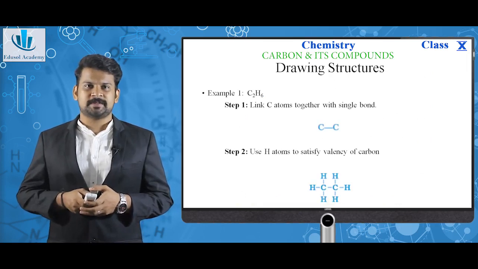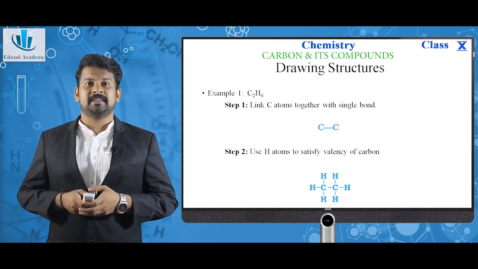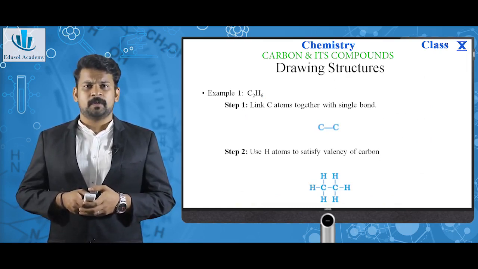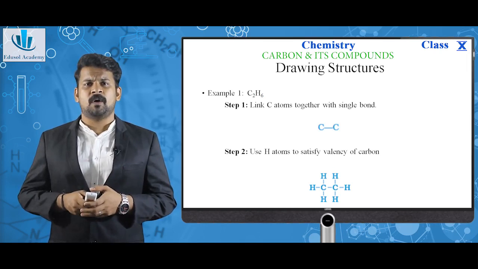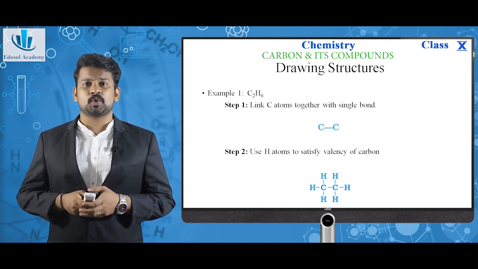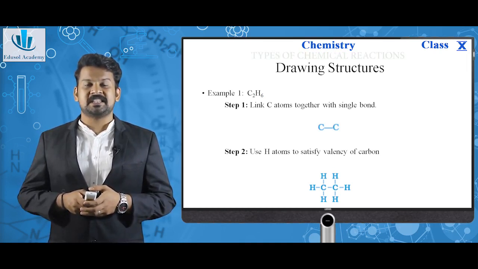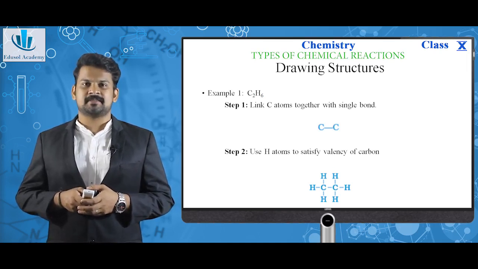Drawing structures. Let's discuss the drawing with different examples. First, let's look at ethane. We just discussed the formula of alkanes. For alkanes, the formula is CnH2n+2. For ethane, the number of carbon atoms is 2. So, the formula becomes C2H6.